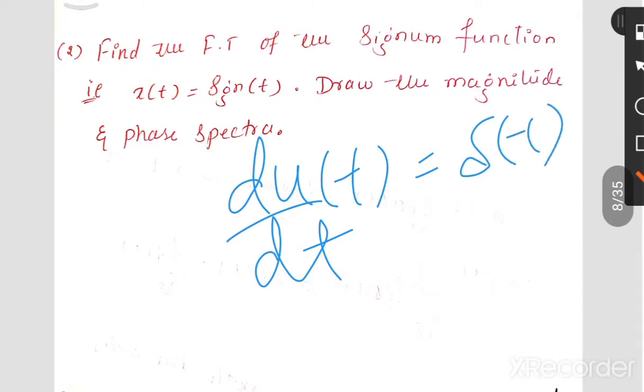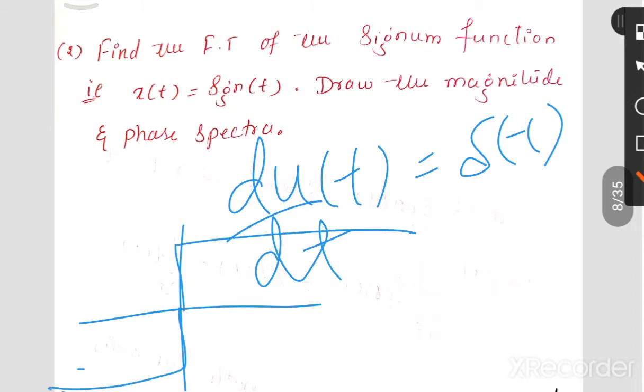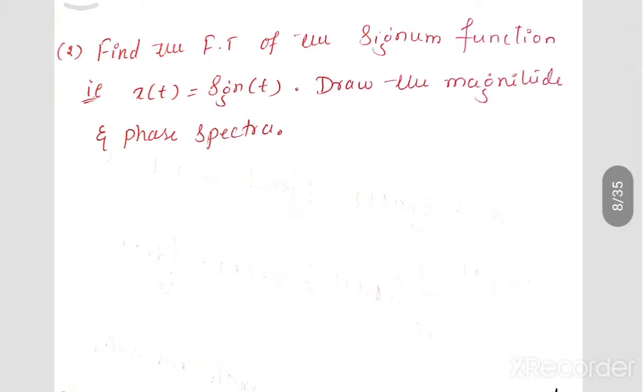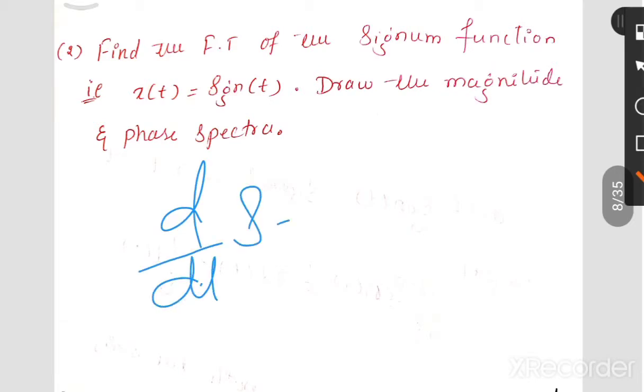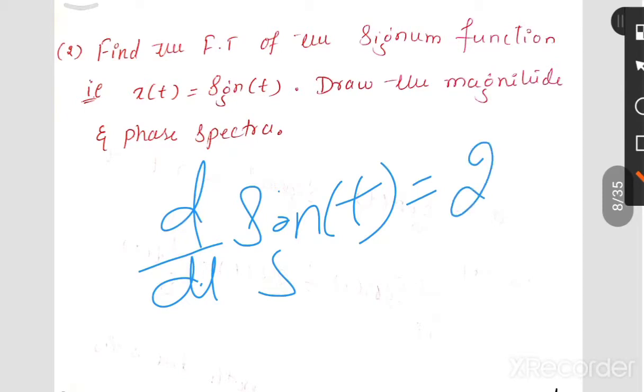But in this case, we have two unit step functions, one is u of t and the other is minus u of minus t. Both are unit steps. Therefore, if you differentiate the signum signal, sgn of t, you get 2 delta of t.